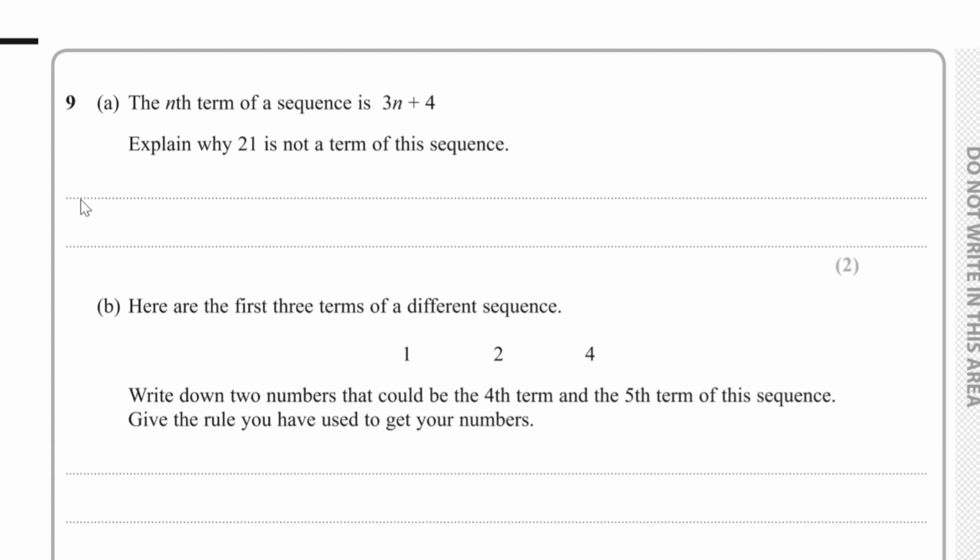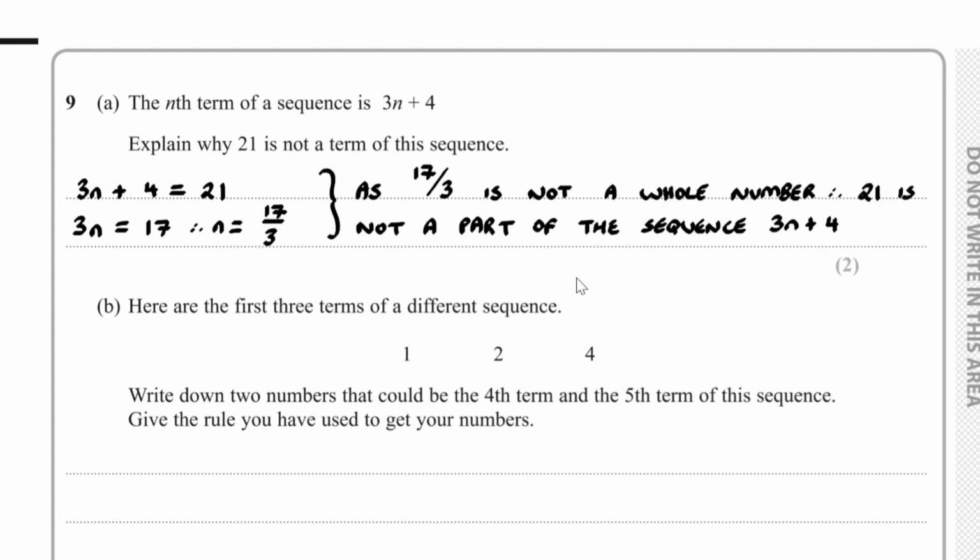Well, if we have 3n plus 4 equaling 21, subtracting 4 from both sides, we will end up with 3n equals 17, and therefore n is equal to 17 over 3. As 17 over 3 is not a whole number, 21 is not part of the sequence 3n plus 4.